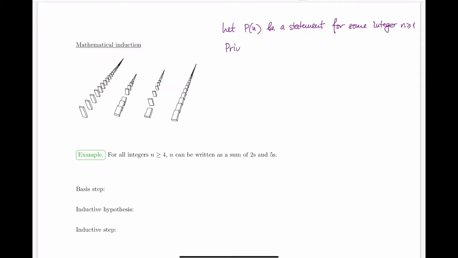So the principle of mathematical induction, sometimes denoted as PMI for short, is as follows. First of all, as in this picture here, it must be the case that our first domino can actually fall. So P of n naught is true for some n naught. Okay, so you have a value for which you can actually fall a domino.